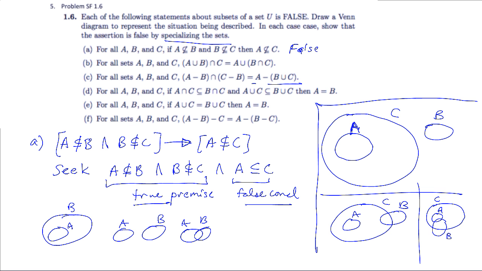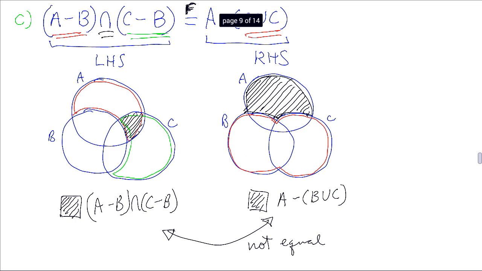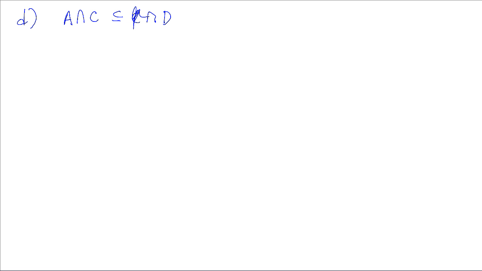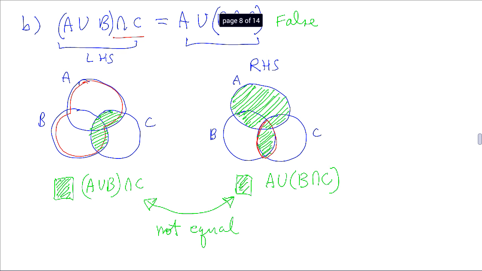If A intersects C is a subset of B intersects C, and what else?